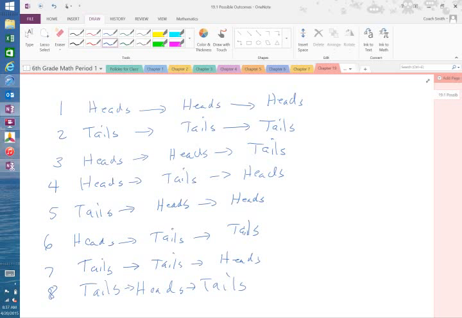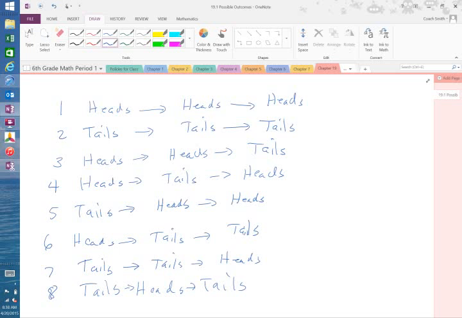So obviously, we don't want to have to sit there and figure out all of these different combinations to see how many outcomes there are. Because that's going to be the key of figuring out probabilities, knowing how many outcomes there are and which are favorable versus unfavorable.